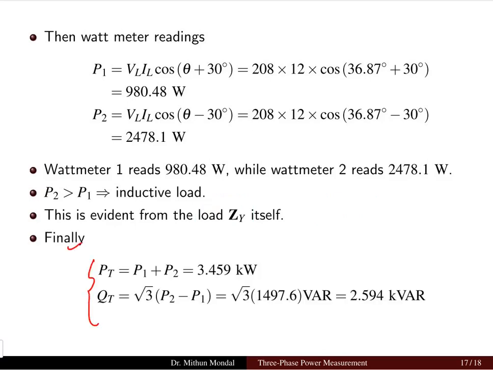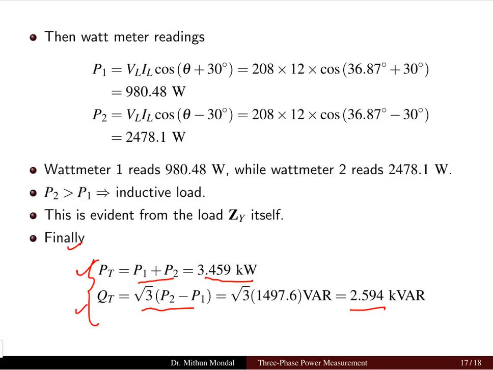So the real power is nothing but the sum P1 plus P2, the readings of wattmeter 1 and wattmeter 2. We get 3.459 kilowatt, and the reactive power is root 3 times (P2 minus P1), so that gives 2.594 kVAr. So we are able to estimate the real power and the reactive power using the 2-wattmeter method.